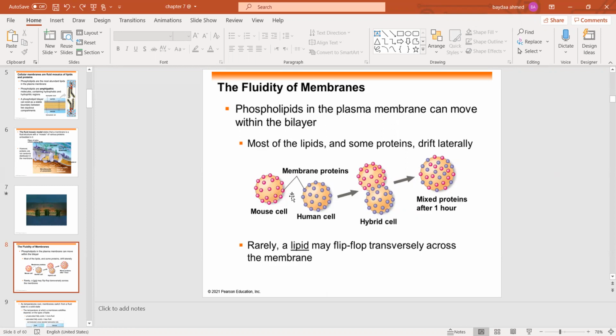After 1 hour, using a microscope, they observed that both markers appeared on the hybrid cells. They concluded that the mixing of mouse and human membrane proteins indicates that at least some membrane proteins move sideways within the plane of the plasma membrane.